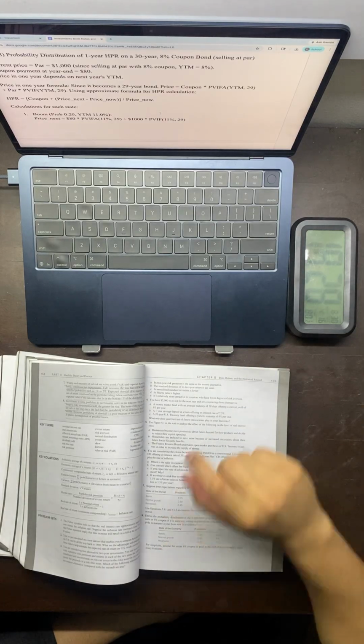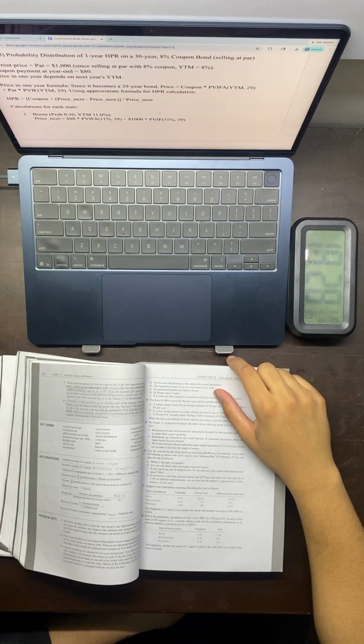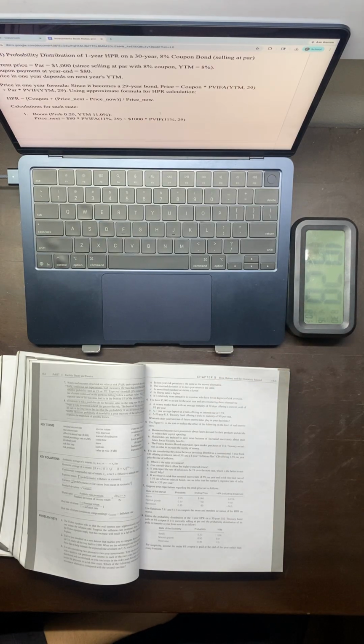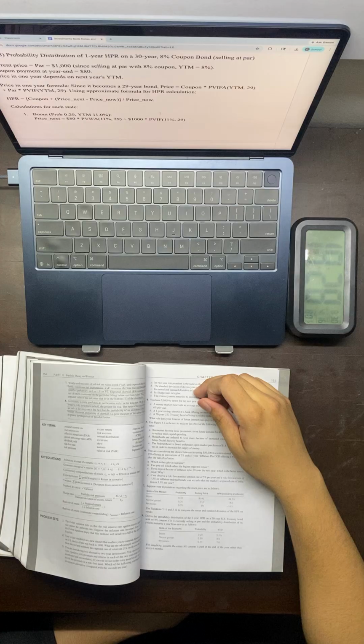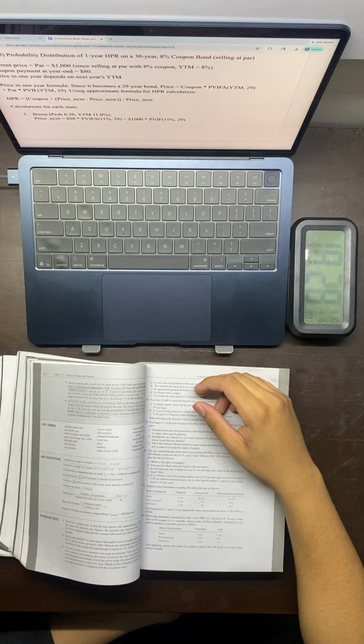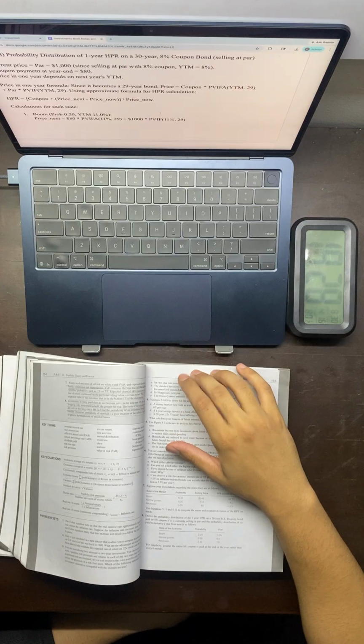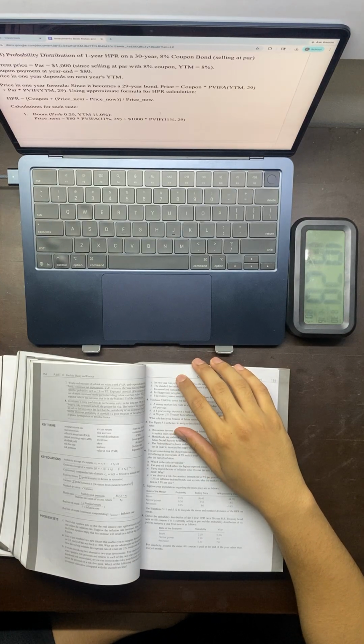So probability distribution of 1 year HPR on a 30-year 8% coupon bond selling at par. Current price equals par equals $1,000 since selling at par with 8% coupon. Yield to maturity equals 8%. Coupon payment at the year end equals $80. Price in 1 year depends on the next year's YTM.